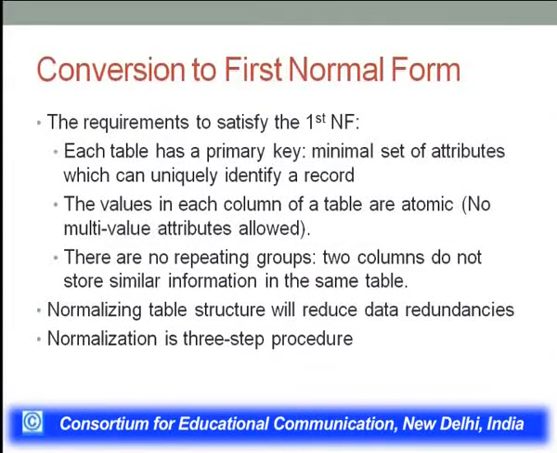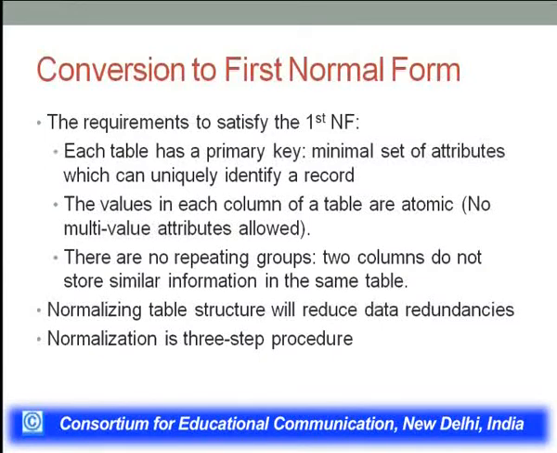So, the first normal form that we will take is how to convert a database into the first normal form. In order for the table to be in the first normal form, each table has a primary key, that is a minimal set of attributes which can uniquely identify the records.